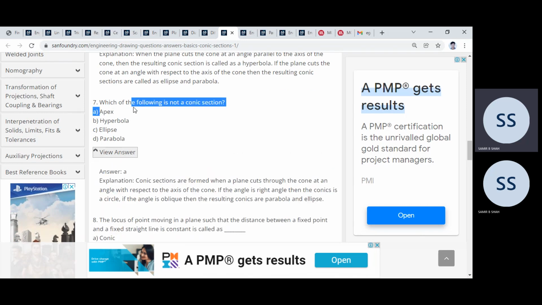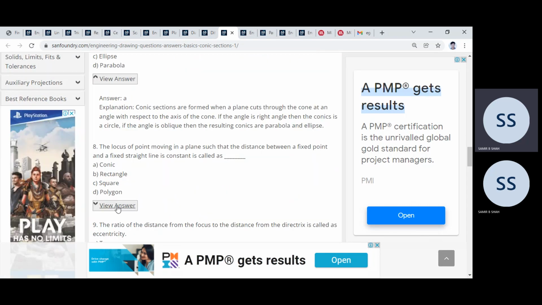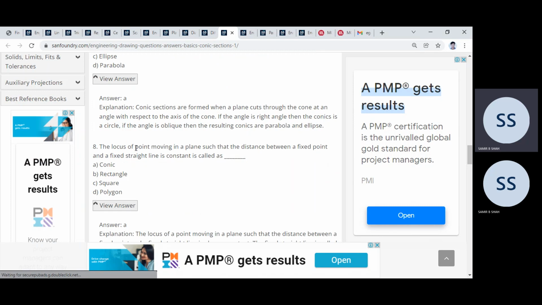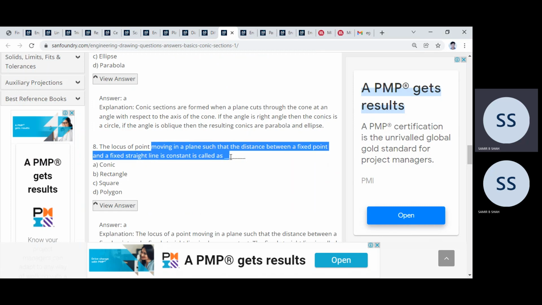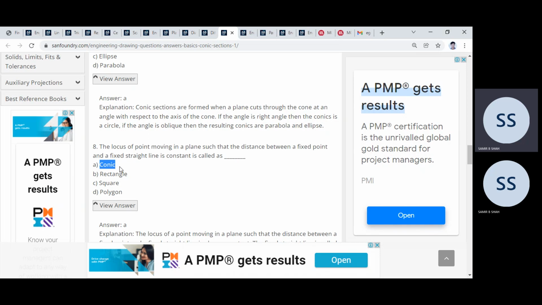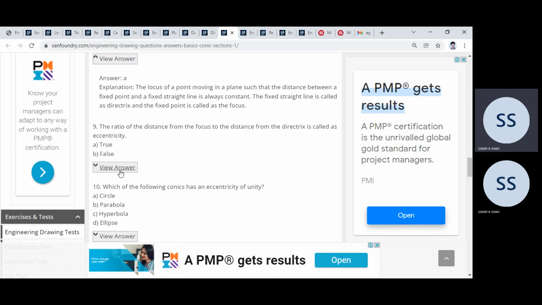Please remember this. Which of the following is not a conic section? Very easy. Apex is not known as a conic section. Plane such that the distance between a fixed point and a fixed straight line is constant. If constant, then we know it is called a conic.